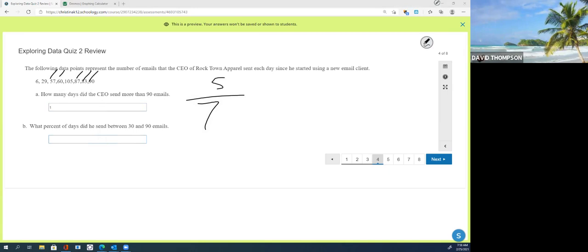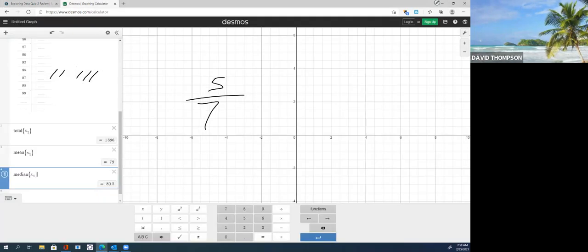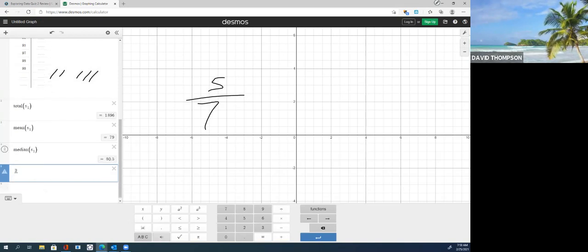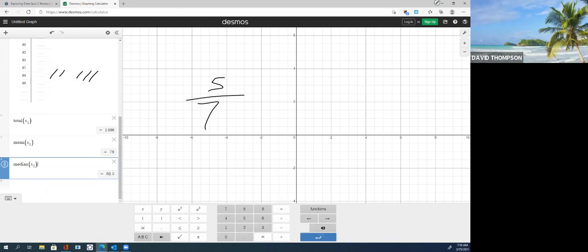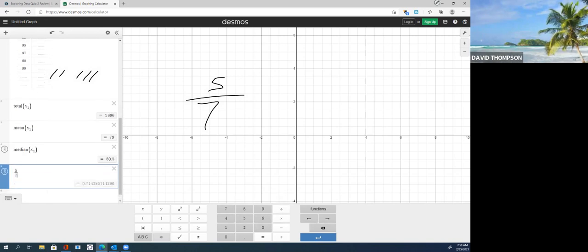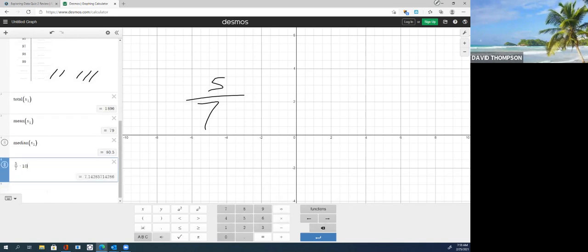So it'd be 5 out of 7 and just convert that to a percent. So use a calculator. 5 divided by 7, and then we'll multiply the answer by 100. So 71.42.